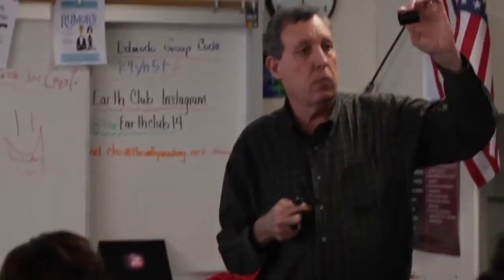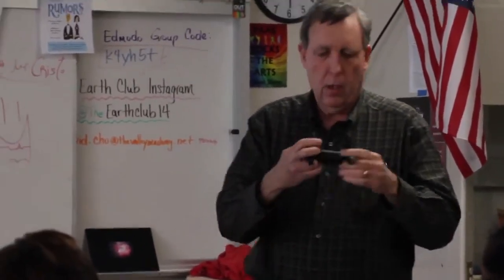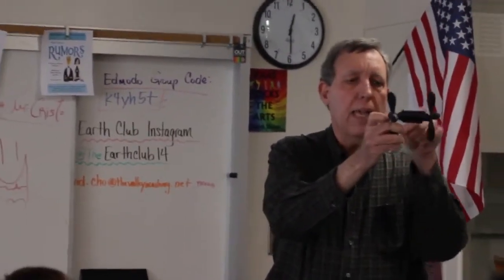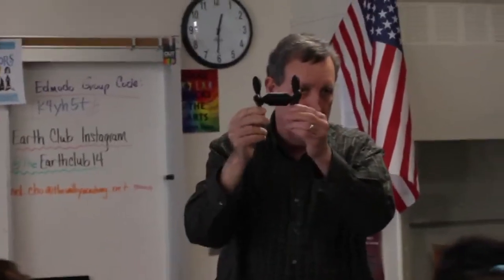And this is what I'm calling the sp bond, or sigma bond. We slide these over here like this. And so now we have a bond between these two carbon atoms along the axis between the two carbon atoms. That's called an sp, or rather a sigma bond.